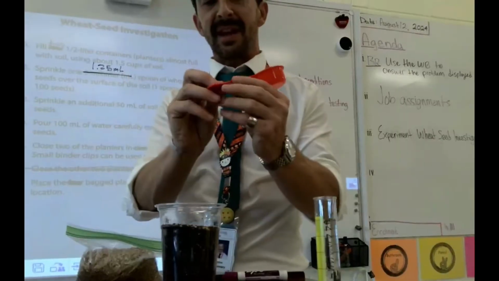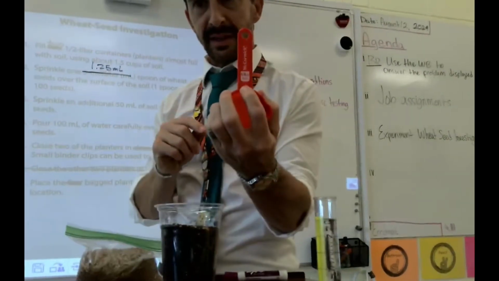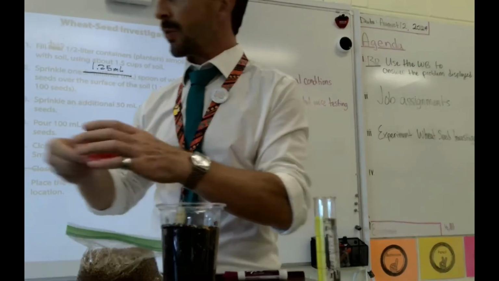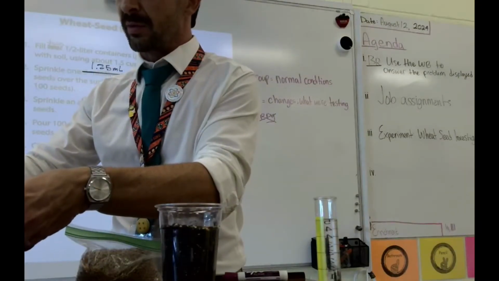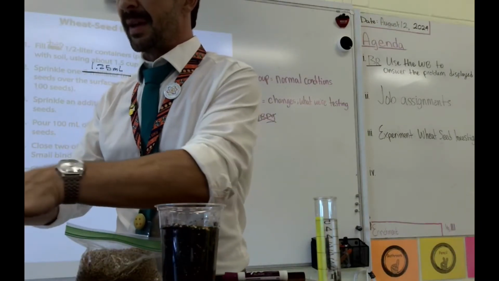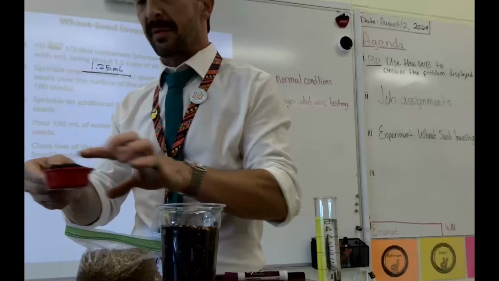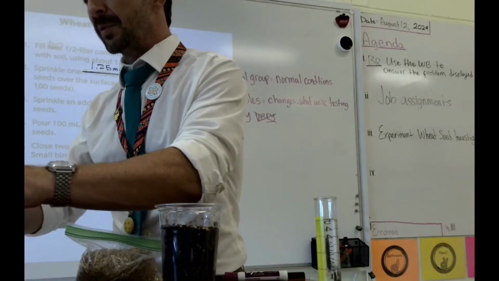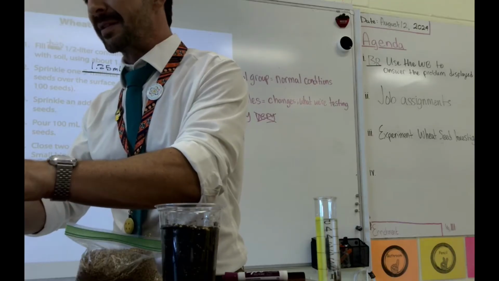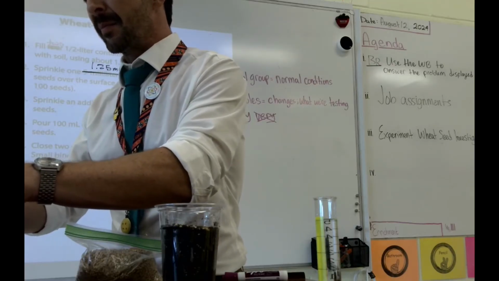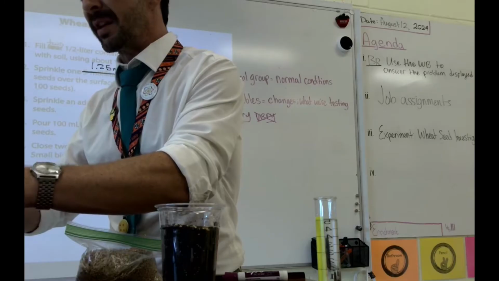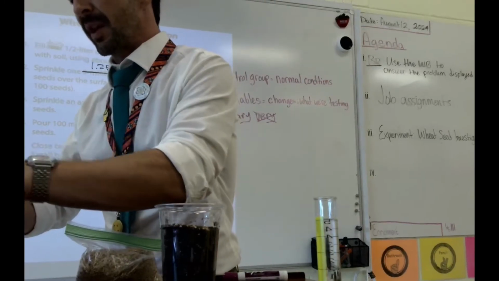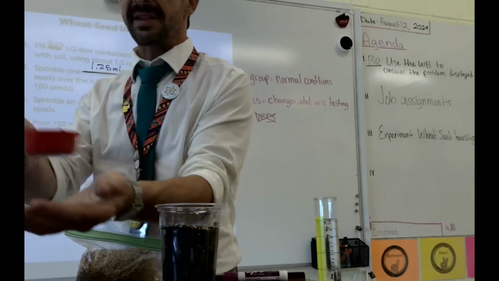And our third step says sprinkle an additional 50 milliliters of soil to cover the seeds. So I have my last measuring cup. This one is actually a 60 milliliter measuring cup. So what I will do is I will get a full measuring cup here, and I'm just going to take a little bit out.